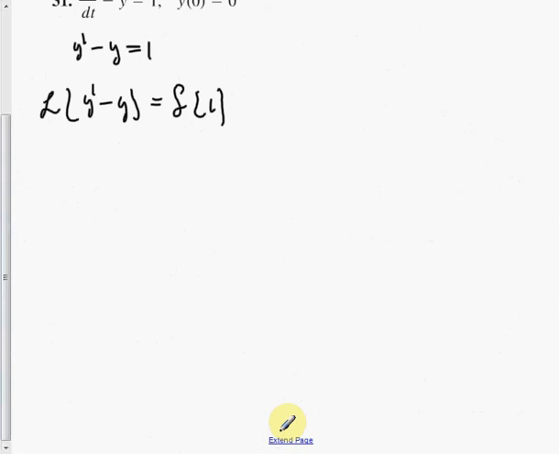As a matter of fact, because it's linear, you can break this down as the Laplace transform of y prime minus the Laplace transform of y. The Laplace transform of 1 is equal to 1 over s. Right?